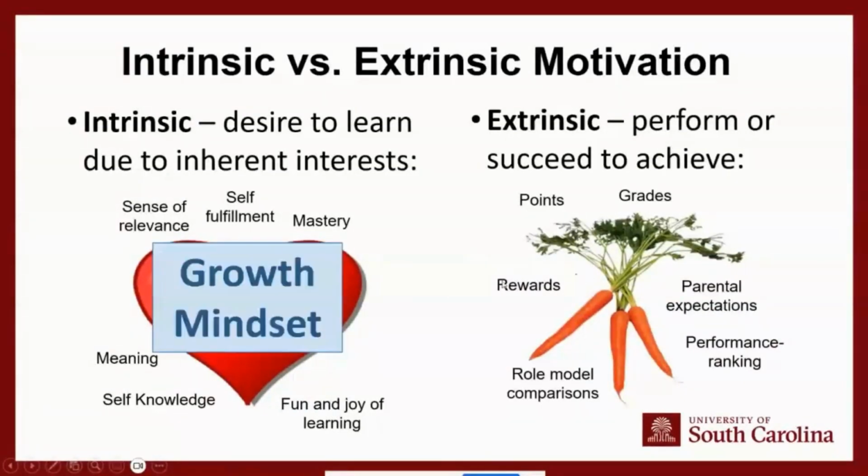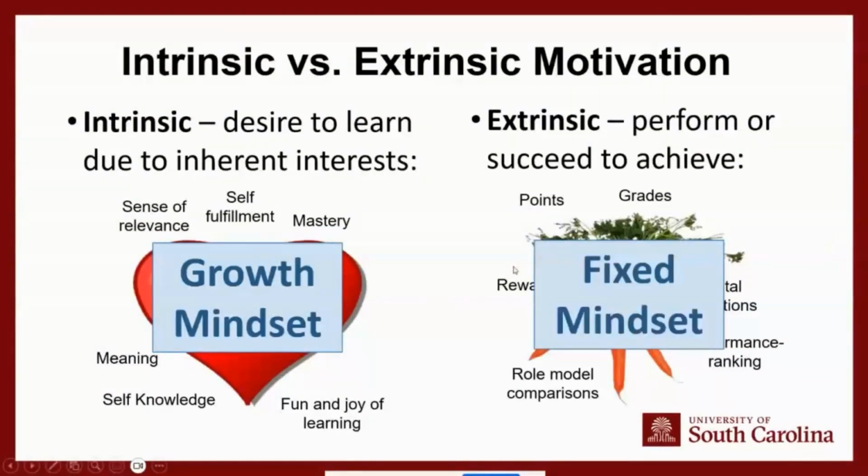So another way to look at these is that intrinsic is that growth mindset of learning for the joy to learn. And extrinsic is a fixed mindset. Let me do what I need to do and I'm done, basically. So you really want to do things in your classroom that encourage that growth mindset. It's really interesting when you think about things that you have to do, like laundry or walking the dog.